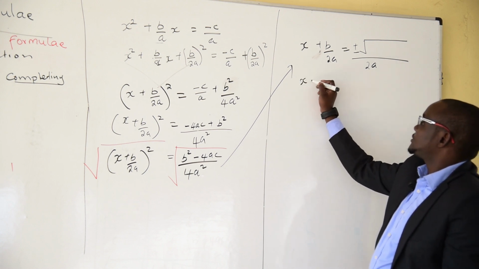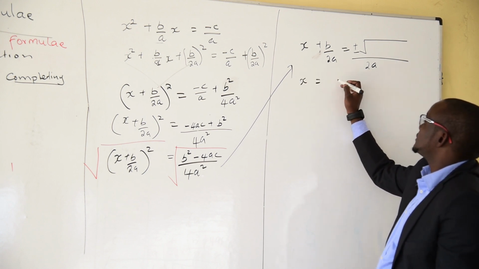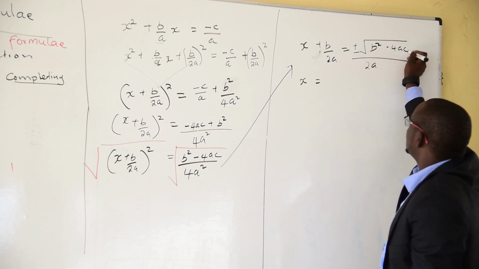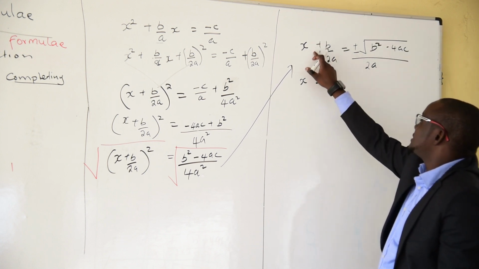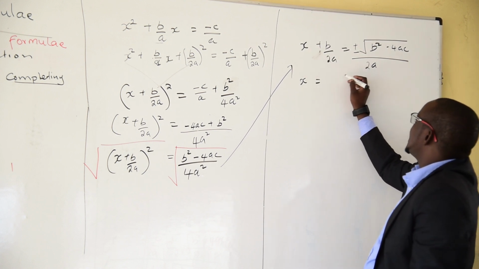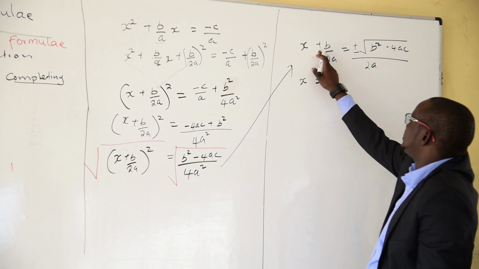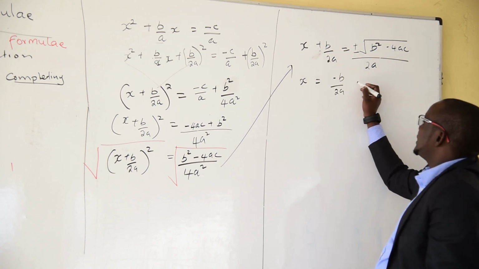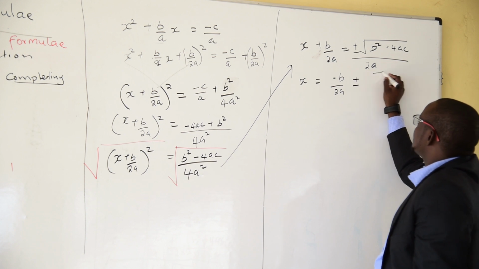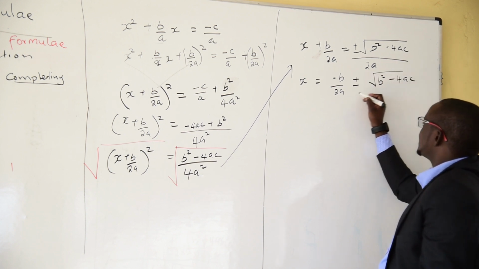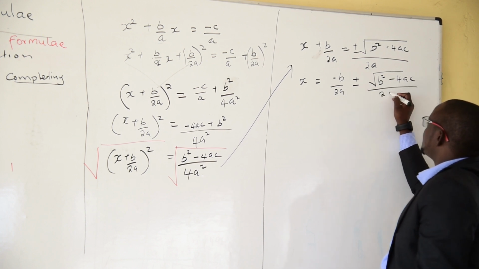Then we make x the only subject, so we have x equals, we take b over 2a to the other side. Since it was positive, when you take it to the other side it becomes negative b over 2a, plus or minus the square root of b squared minus 4ac all over 2a.